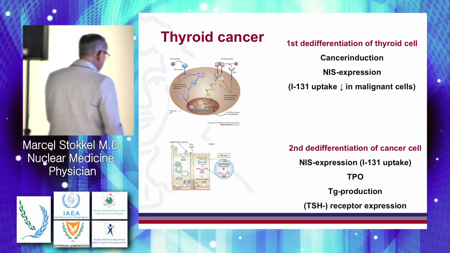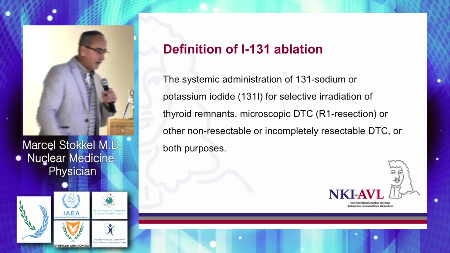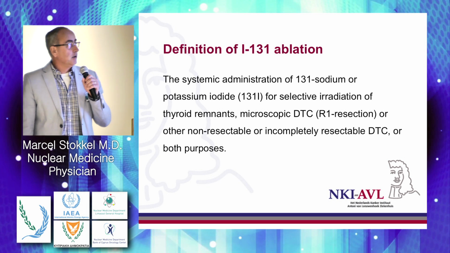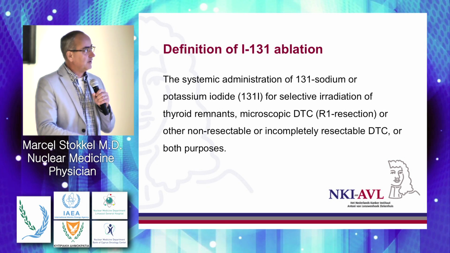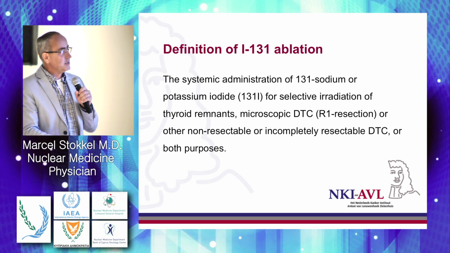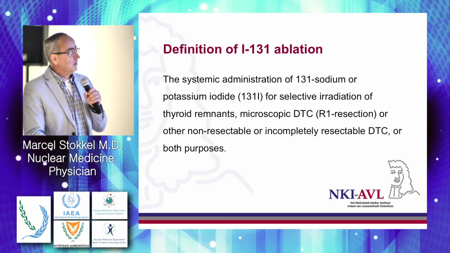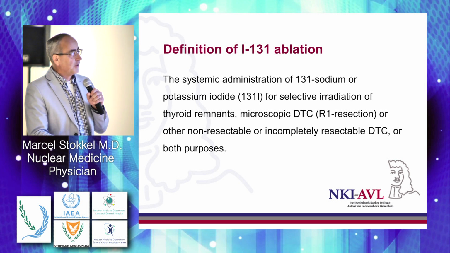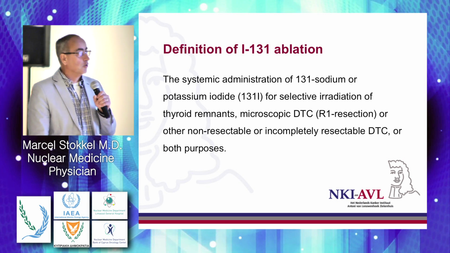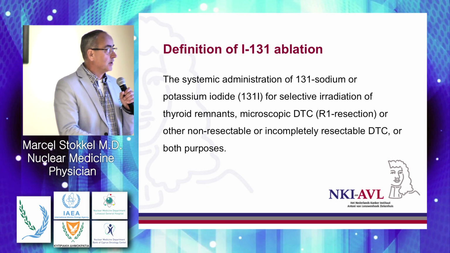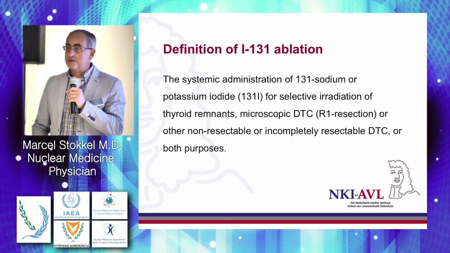Now, what in fact is the definition of iodine 131 ablation? It is written here, you can find it on the internet. It's the systemic administration of iodine 131 for the selective irradiation of thyroid remnants, microscopic differentiated thyroid cancer, or other non-resectable or incompletely resectable differentiated thyroid cancer, or both purposes.